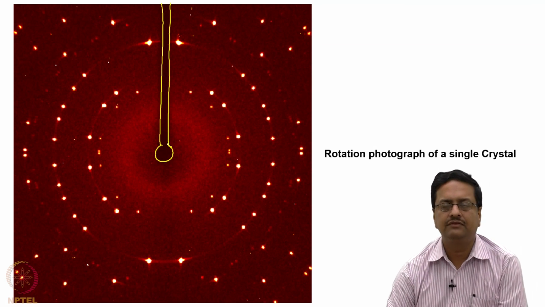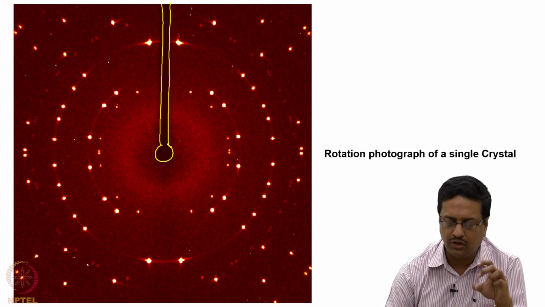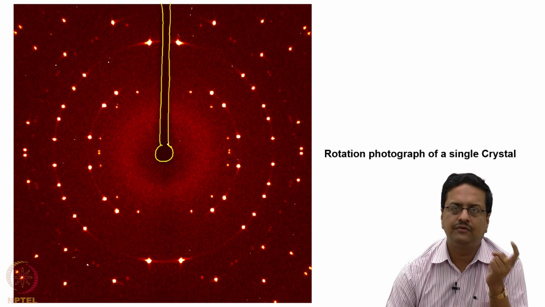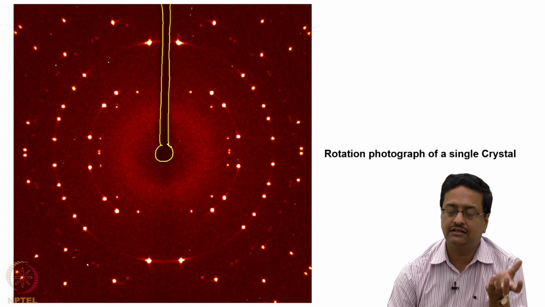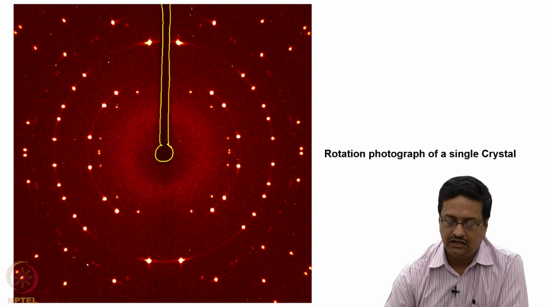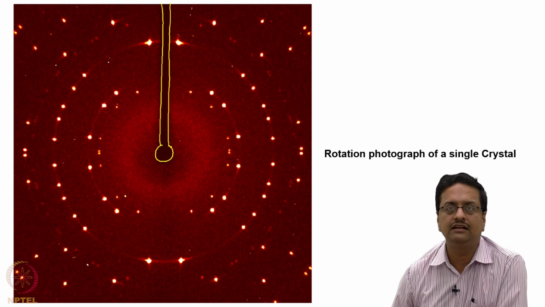That means in front of the X-ray beam you have a block of lead which stops the direct beam from falling to the detector, and prevents the damage of the detector. And now what we see, these bright spots are all centrosymmetrically related.